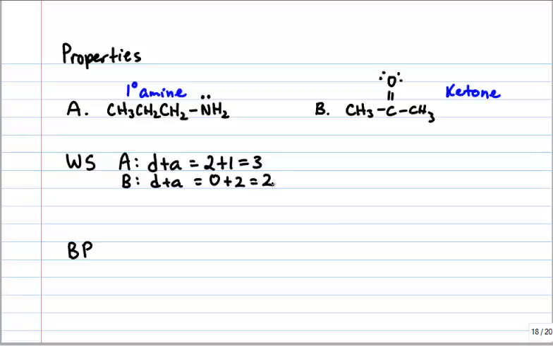Now, what about the nonpolar area? Well, it looks like in this case molecule A has 3 carbons, molecule B has 3 carbons, and in terms of nonpolar area they're going to be similar.